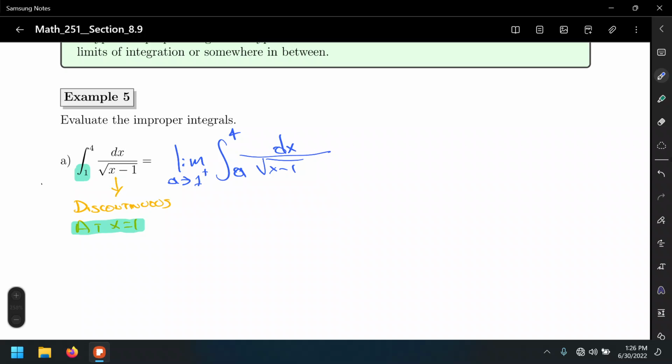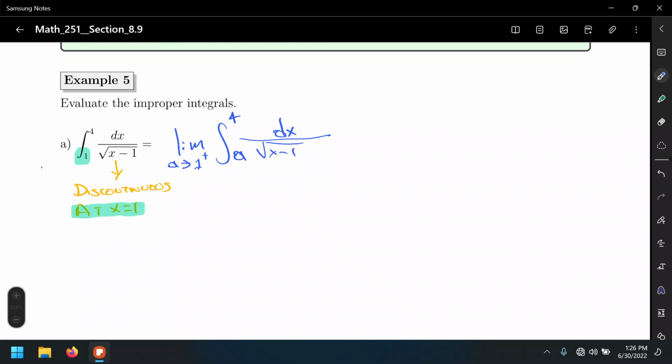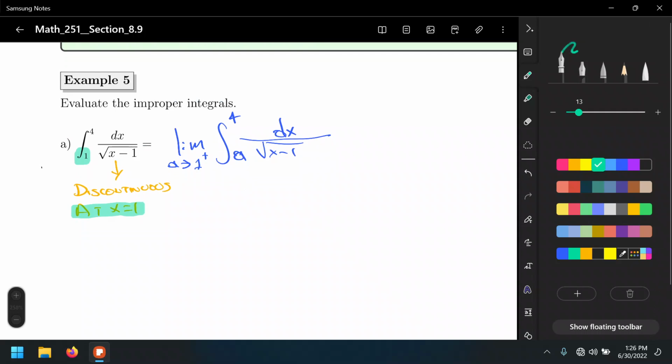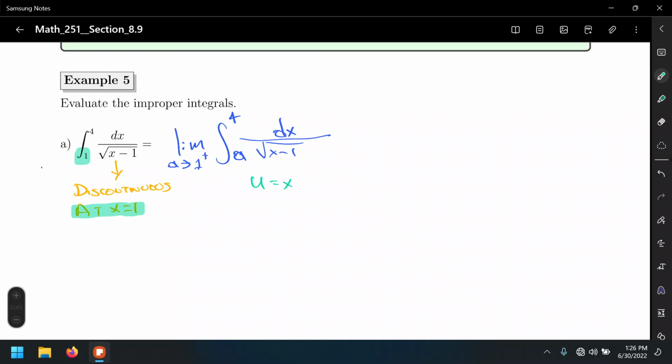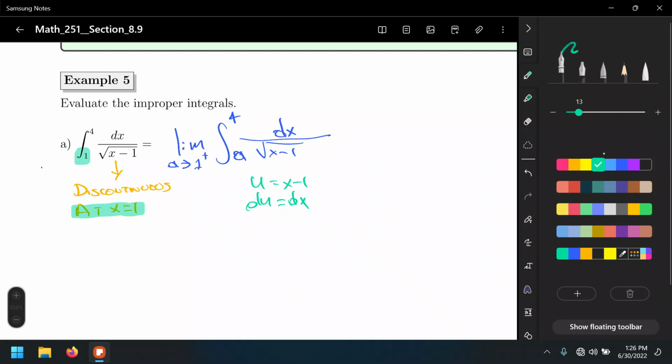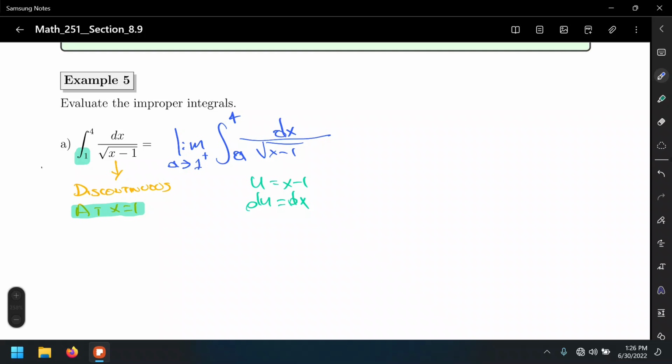And so how about we do a u substitution? Why not? So u equals x minus 1, du equals dx. And I'm not going to change the limits this time. We could, but I'd rather go with the original limits this time.